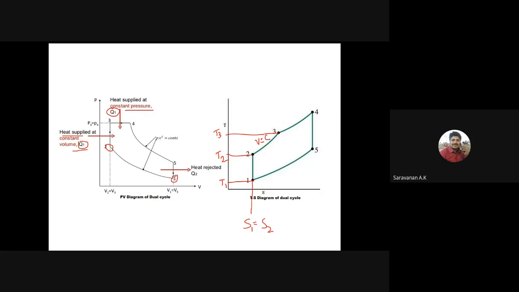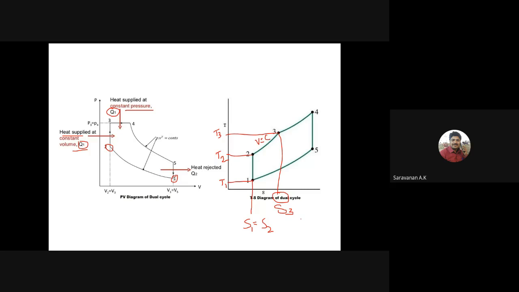Once the temperature increases, there is a change in entropy, since the entropy is a function of the temperature. So the entropy also varies, giving S3 entropy.